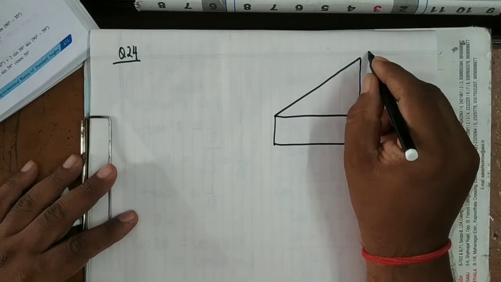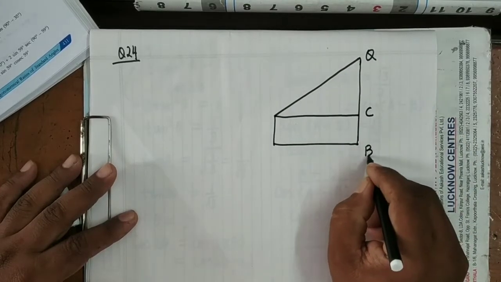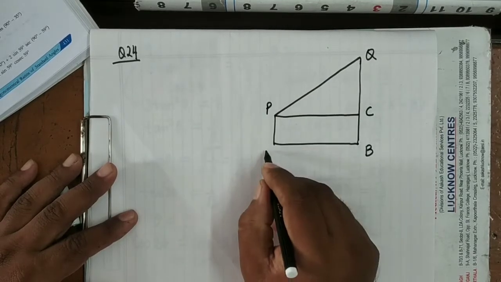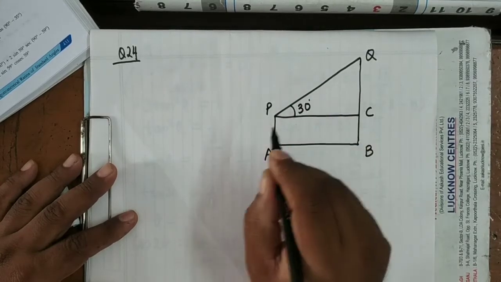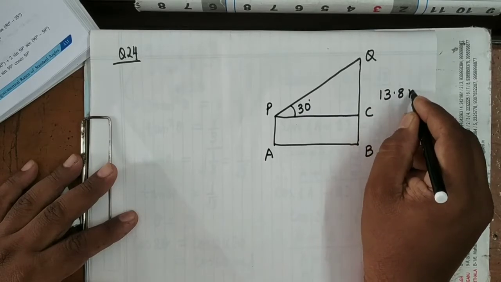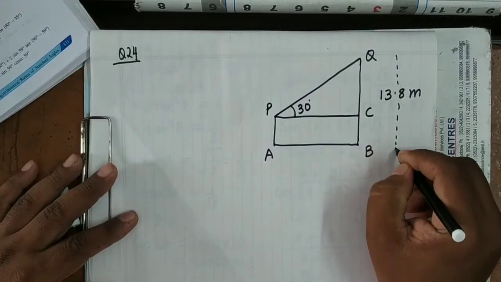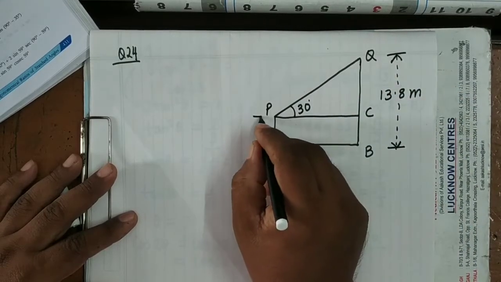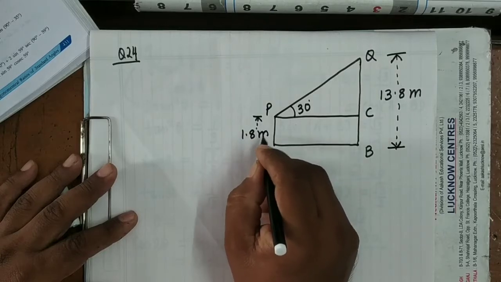This is Q, C, B, then this is B and this is A. This angle is given 30 degree and this whole height is given 13.8 meter. And this is given 1.8 meter.